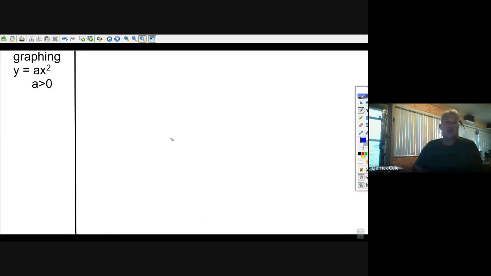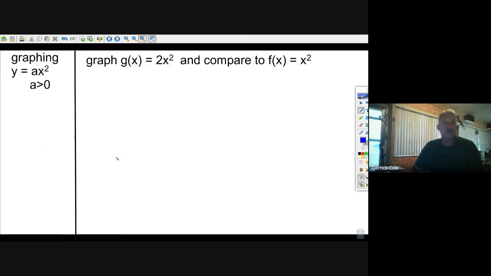So graphing y equals ax squared when a is greater than 0. Let's take a look at this. We're going to graph it, and then we're going to compare it to x squared. So you might want to just jot this down.